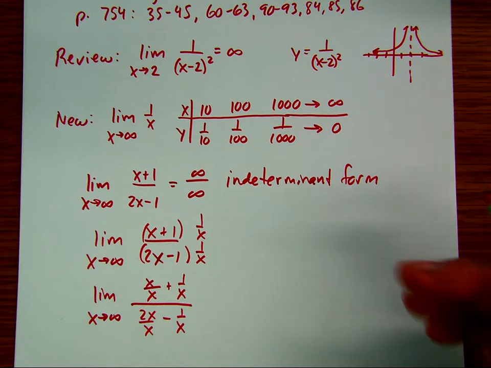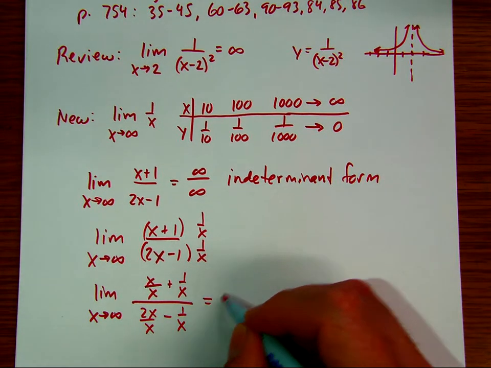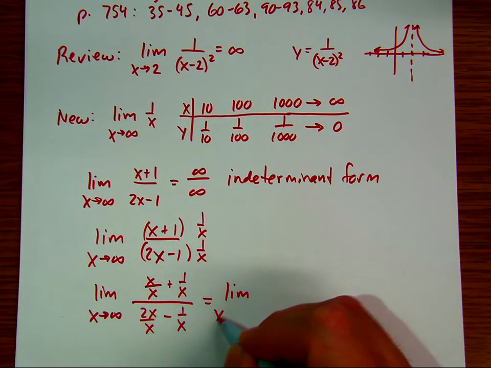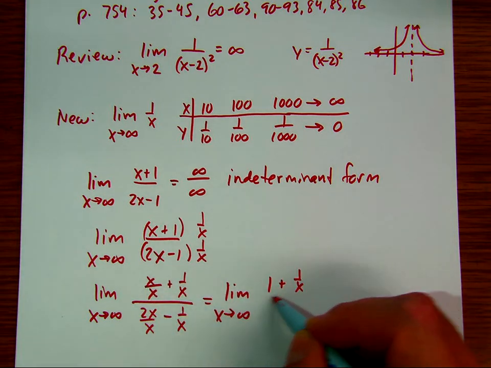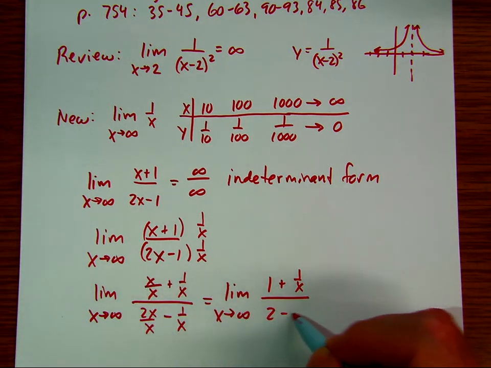But now, one more step. We have to simplify everything, and that will be 1 plus 1 over x, 2 minus 1 over x.